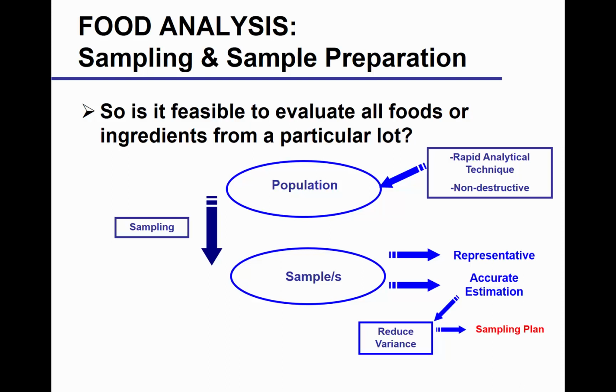So in order to do that, you have to come up with a sampling plan. It's a very common question I would ask in a quiz or an exam: define a sampling plan. What is a sampling plan? What does it constitute? It constitutes several things. First of all, what is the goal? In your sampling plan, you have to identify the goal of your analysis.